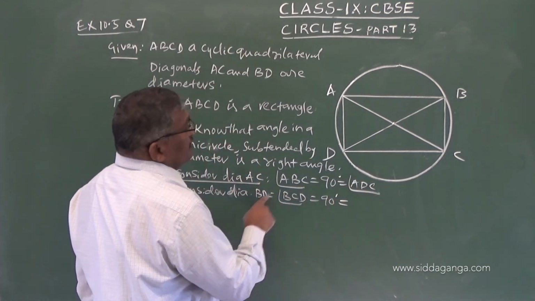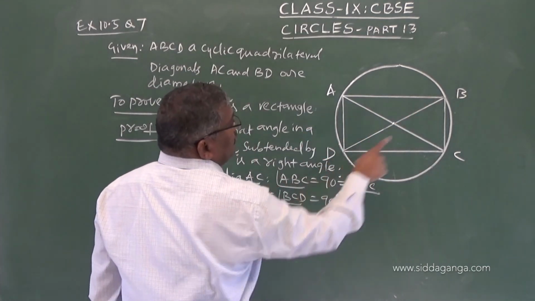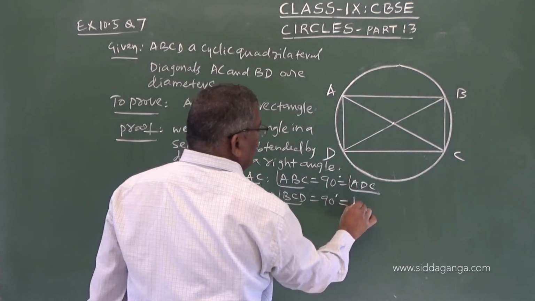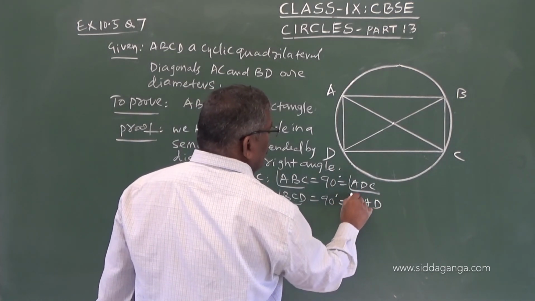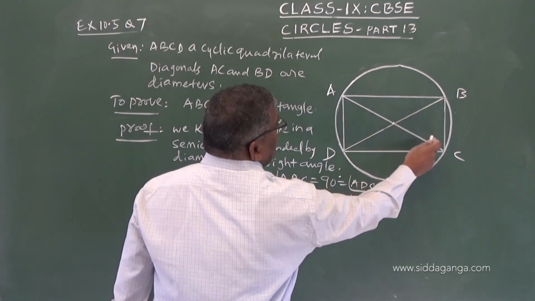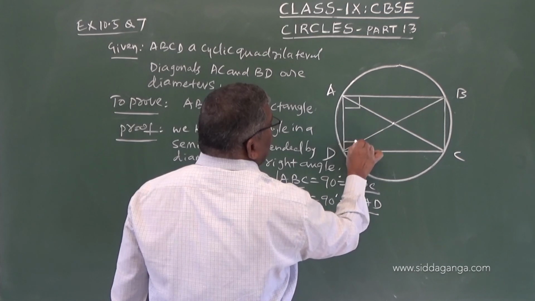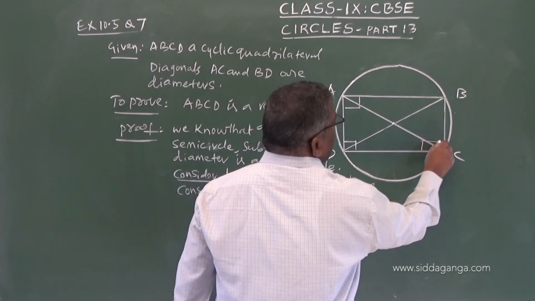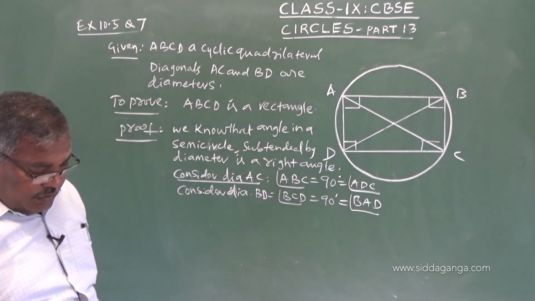And when we consider BD, BCD and BAD. So all these are 90 degree angles. This angle, this angle, this angle, this angle are all 90 degrees.